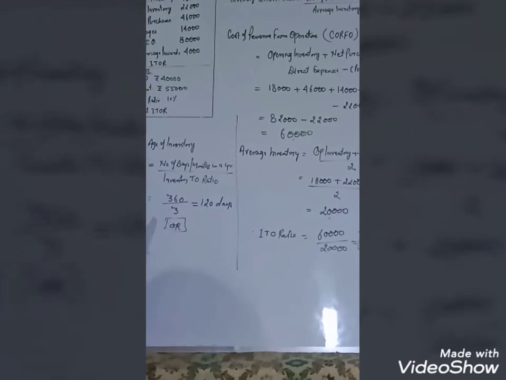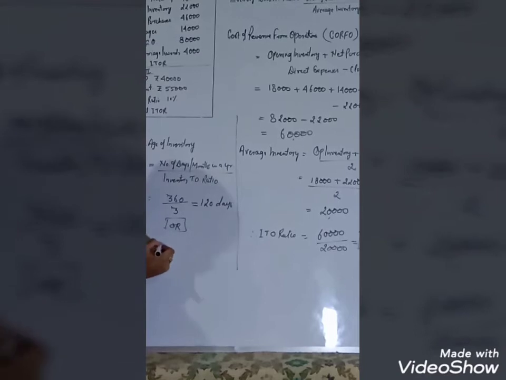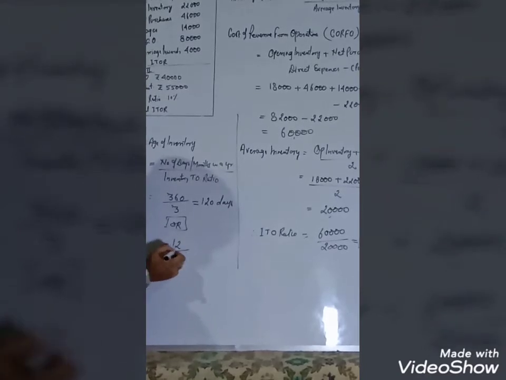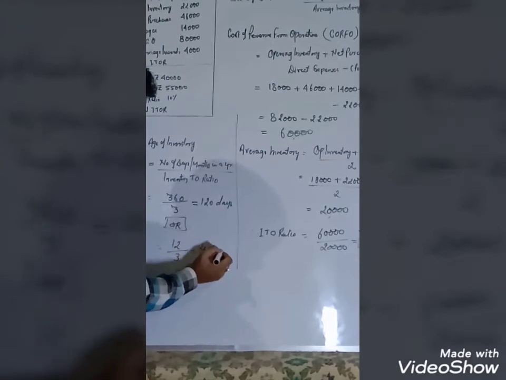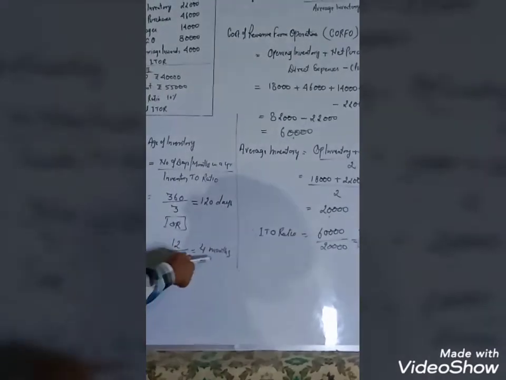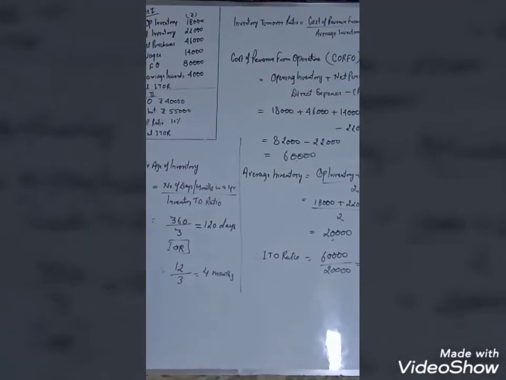Or if we have to calculate this in number of months, then number of months in a year, 12, divided by 3, is 4 months. 4 months are equal to 120 days.